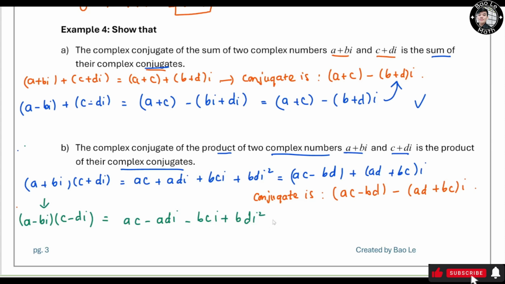We're going to simplify this one, so it's going to be ac minus bd minus (ad plus bc)i, right? And this guy is the same. So this has been proved.